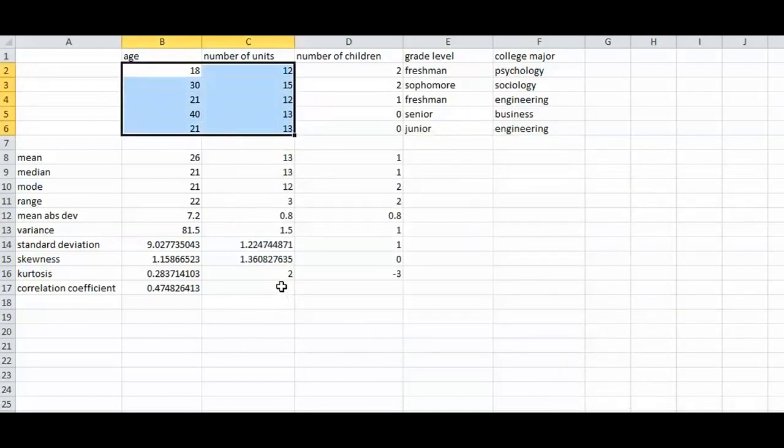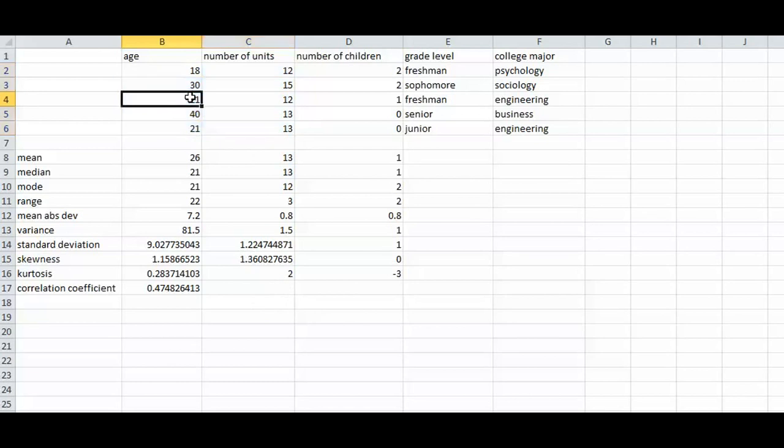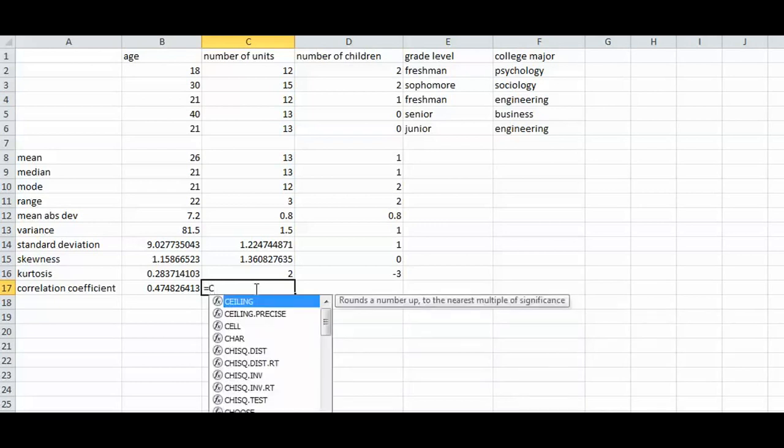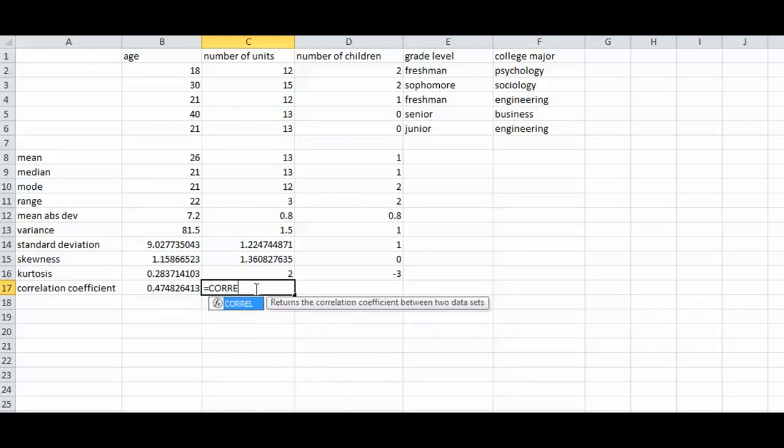We can also create the correlation coefficient for age and number of children. So let's calculate that correlation coefficient. I'll put the one for age and number of children in here. So equals CORREL.